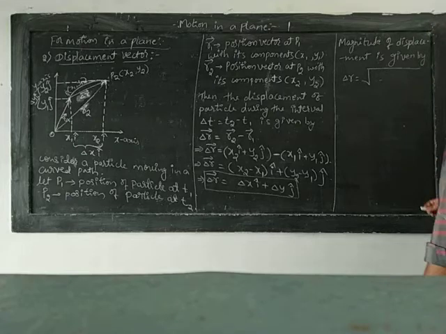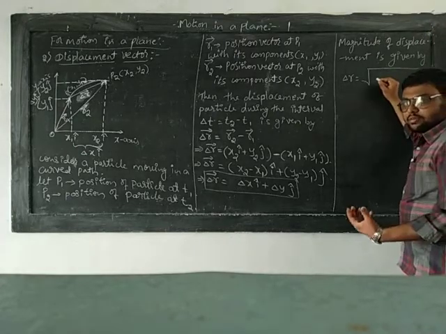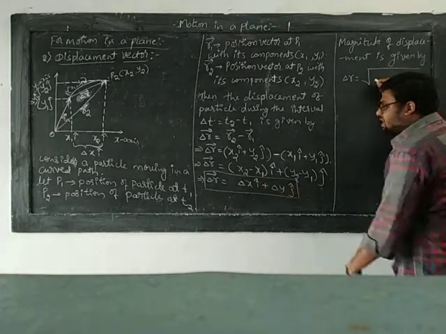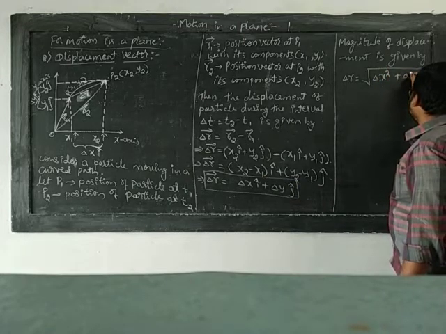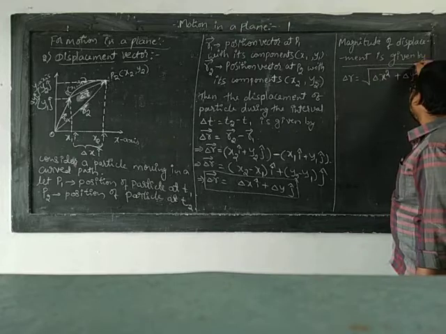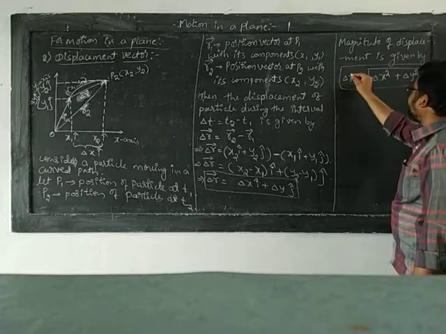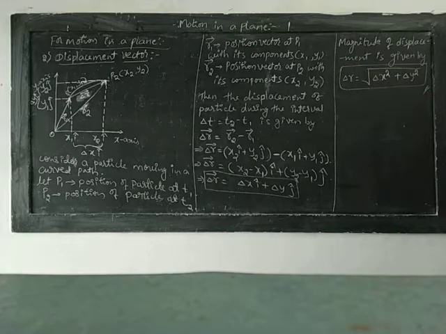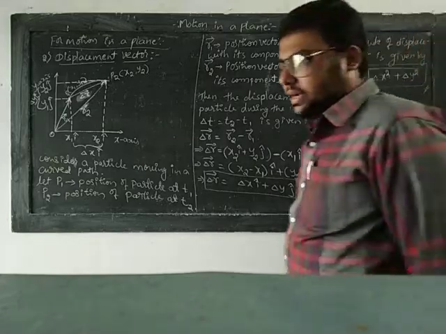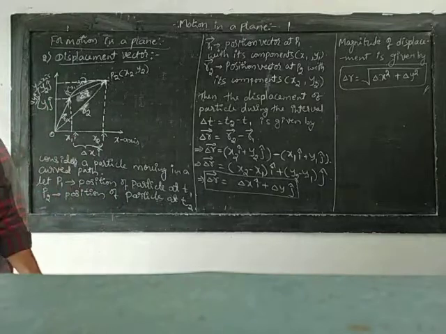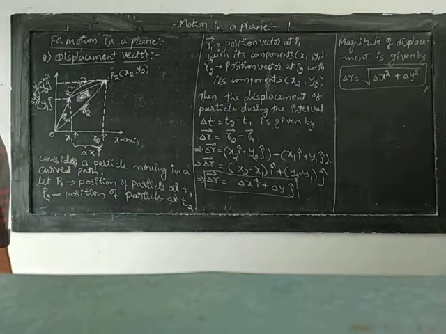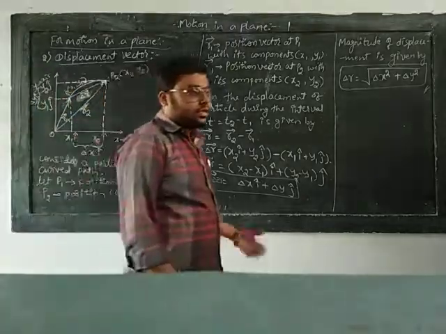Here also, the x component of displacement is delta x. So delta r equals the square root of delta x square plus delta y square. This is how we can calculate the magnitude of displacement. I hope you understand. So just take a screenshot and copy it in your notes.